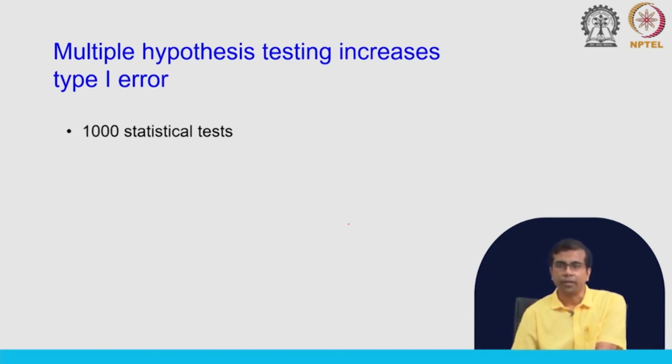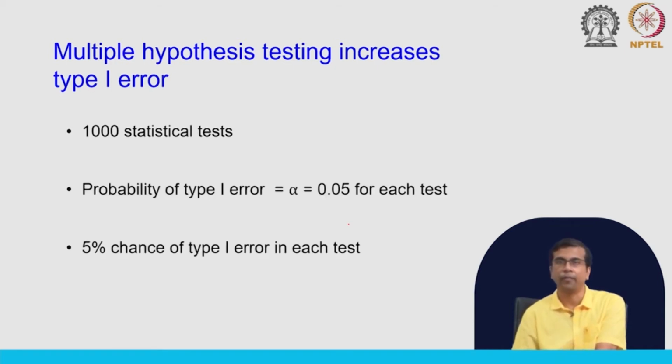Now, imagine this situation, which we are doing in differential gene expression analysis. We have, let us say, 1000 statistical tests. We are doing this individual test for every gene, and the probability of type 1 error is still the same alpha. We keep this threshold 0.05 for each test, and there is a 5% chance of type 1 error in each test. This has not changed.